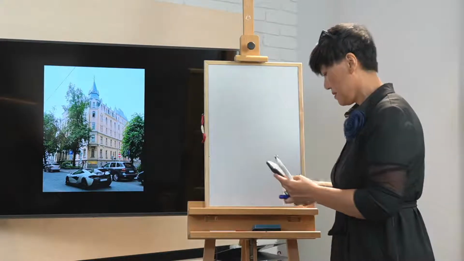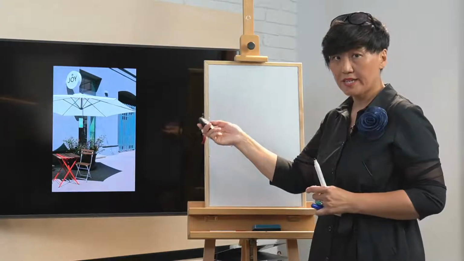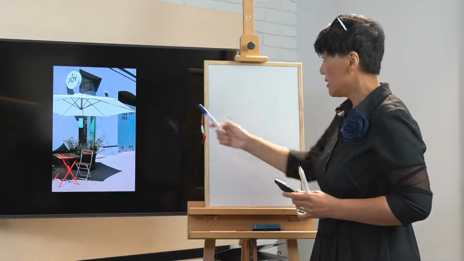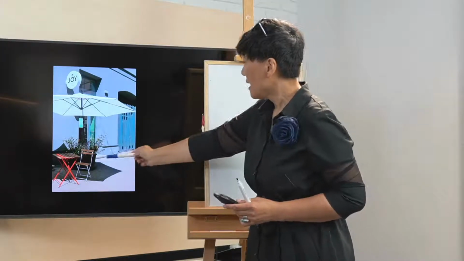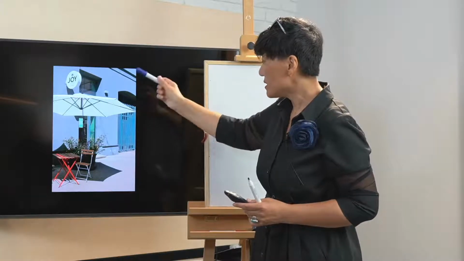Remember this. And see, here we can also find two vanishing points. See this line goes this way and stops here. And where's the second?